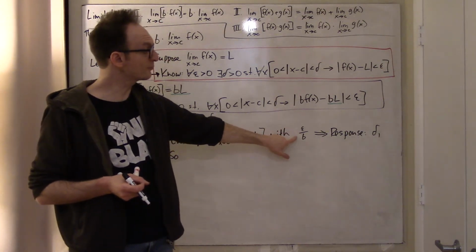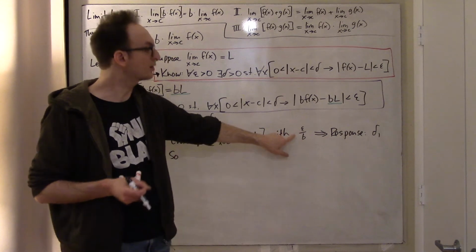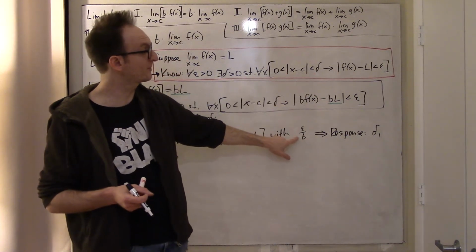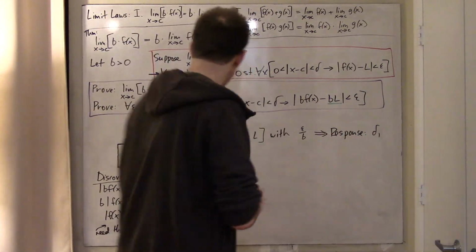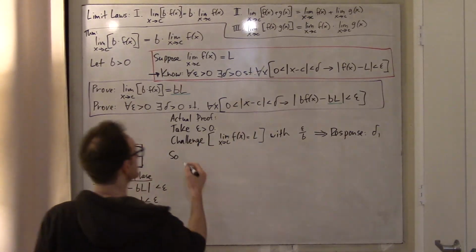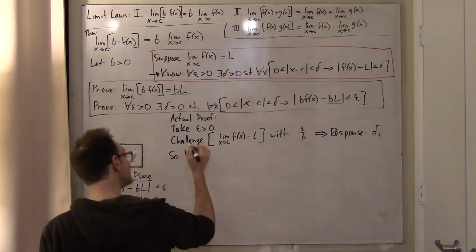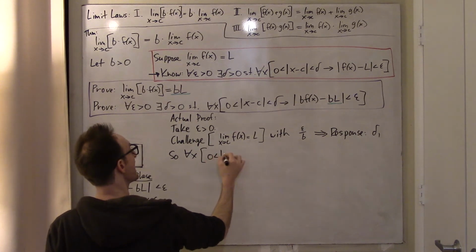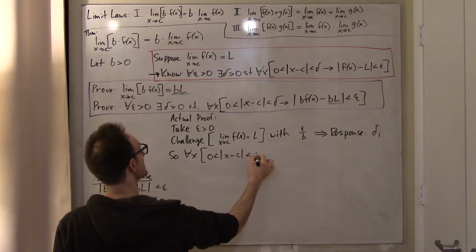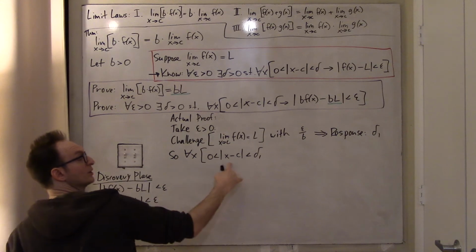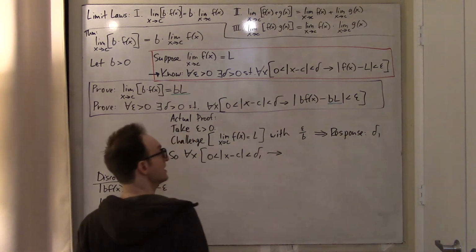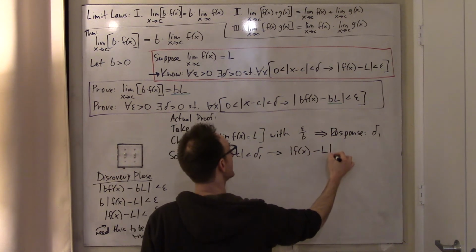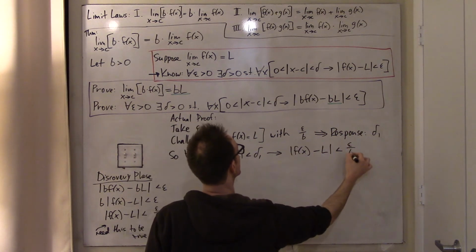How close to C must I get for my function f to be within epsilon over b of L? Answer: delta 1. And so what I know is that for all x, if I am pretty close to C, specifically within delta 1, then the difference between f of x and L will be less than epsilon over b.